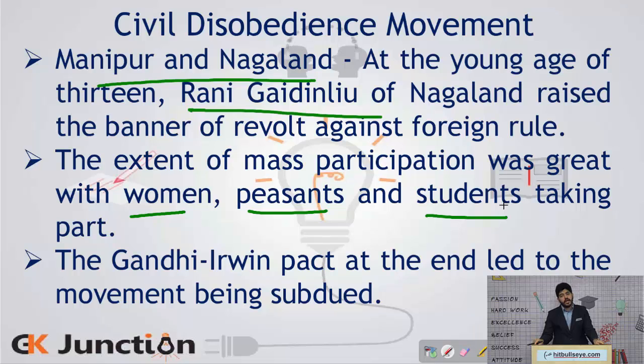However, at the end of the movement, or rather we can call it a reason for its subsidence, there was a Gandhi-Irwin Pact. Gandhiji was on the side of Indians and Lord Irwin was the viceroy on the side of the Britishers.